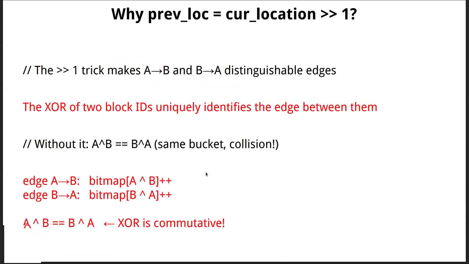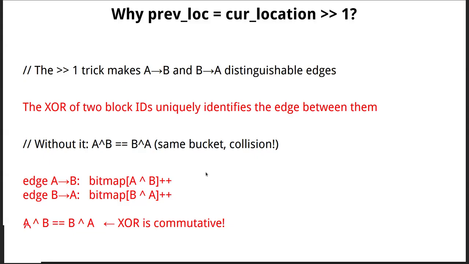Then how it works is we take the two basic block IDs, and the way we do it is we use a shift-right-by-one trick. Let's say we have two basic blocks, A and B. If we just XOR their IDs, then A to B or B to A will give the same value, right?